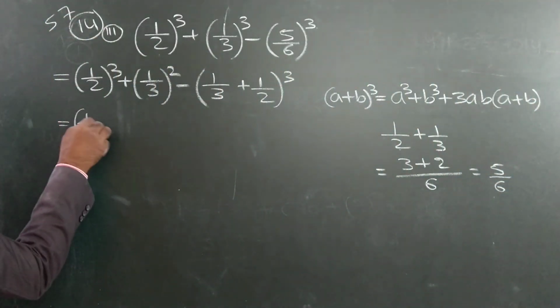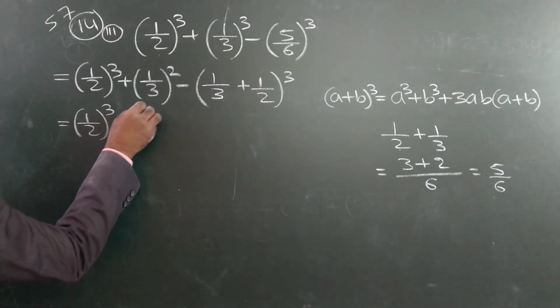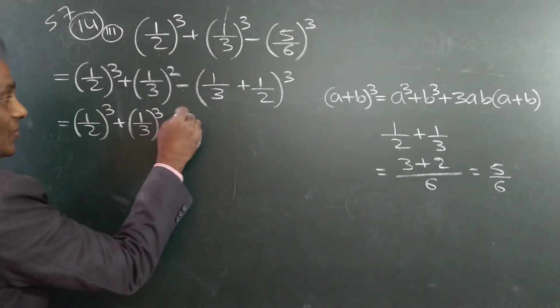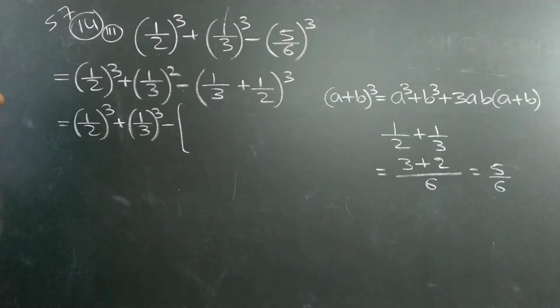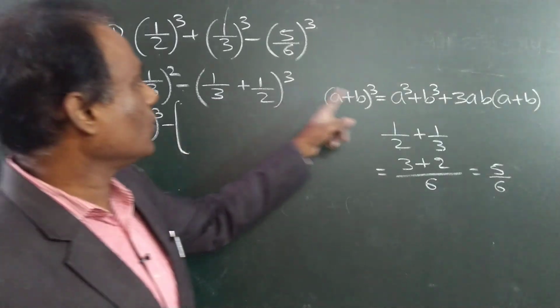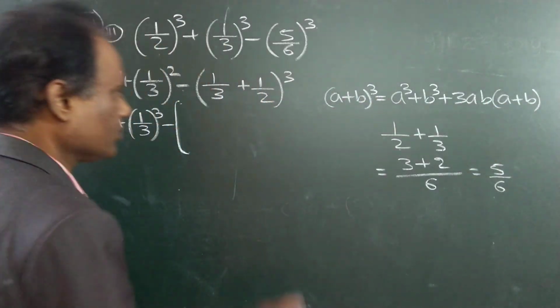First one same. Second one same, but minus is there. So you start a big bracket because there will be confusion with the minus. Big bracket, A plus B whole cube. Same formula I am applying.